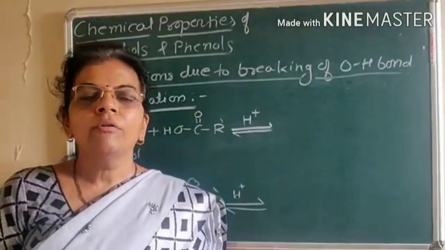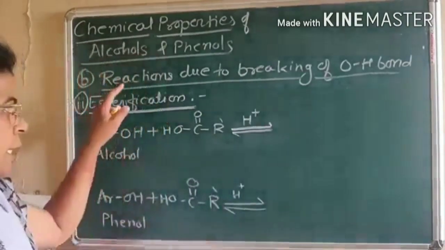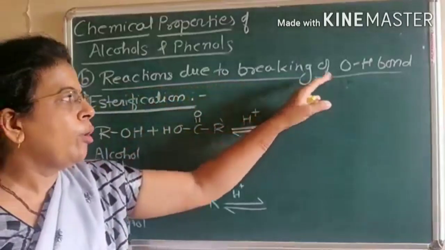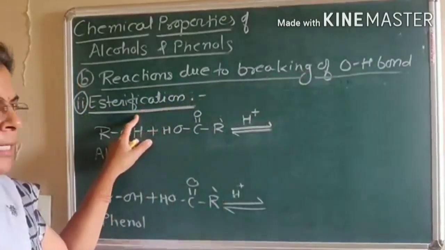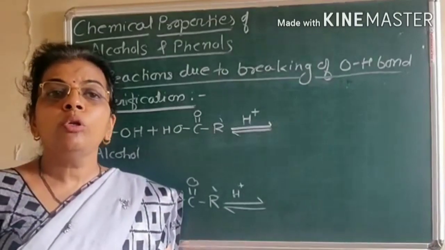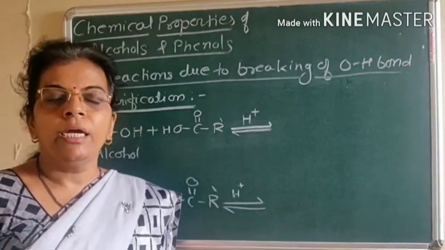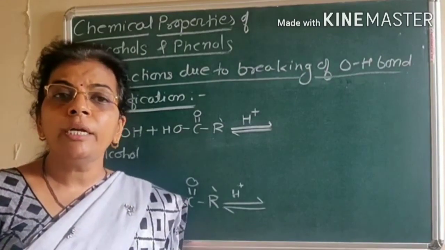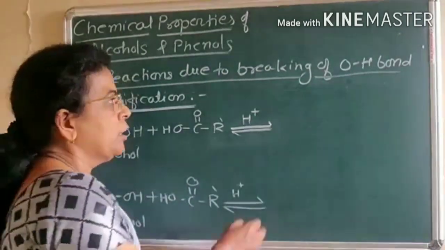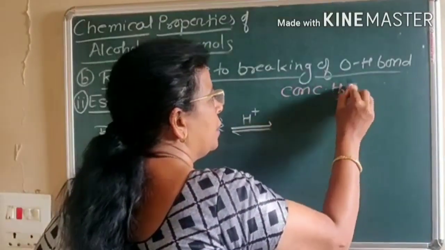Now here we are going to see the second reaction, that is a reaction due to breaking of the OH bond, which is esterification. When these alcohols and phenols are reacted with carboxylic acid in presence of concentrated H2SO4, that is, the acidic medium must be concentrated.